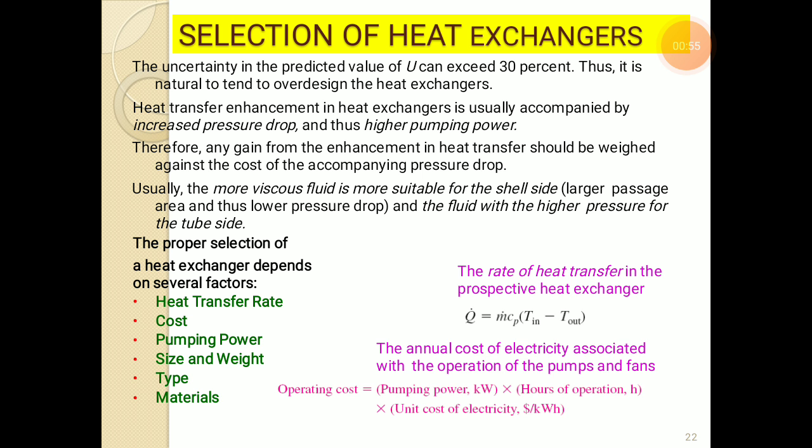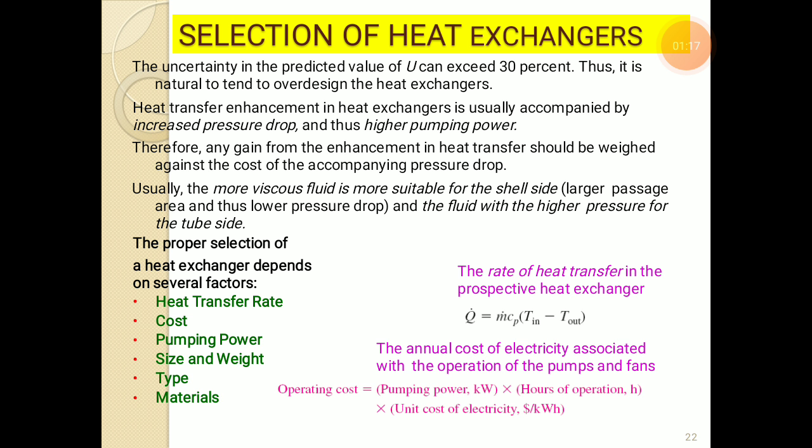Usually, the more viscous fluid is more suitable for the shell side, that is, for larger passage area and thus lower pressure drop, and the fluid which is at high pressure for the tube side. The proper selection of a heat exchanger depends on many factors.